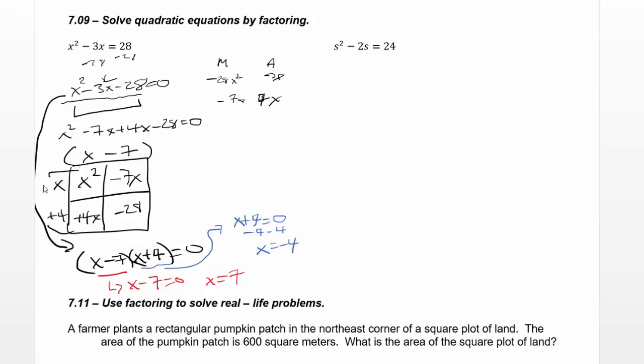So I think the two solutions to this quadratic equation are x equals 7 and x equals minus 4.